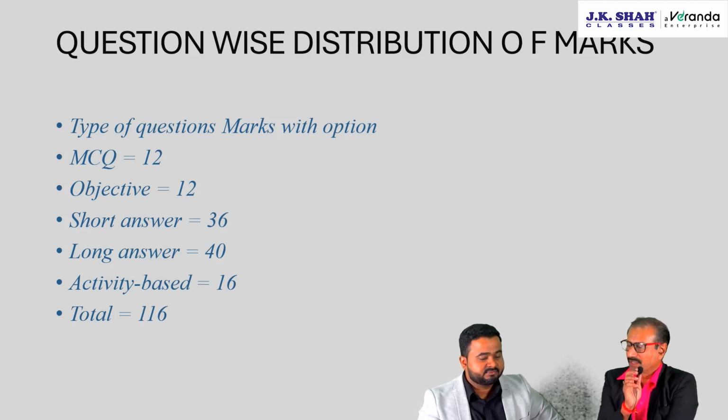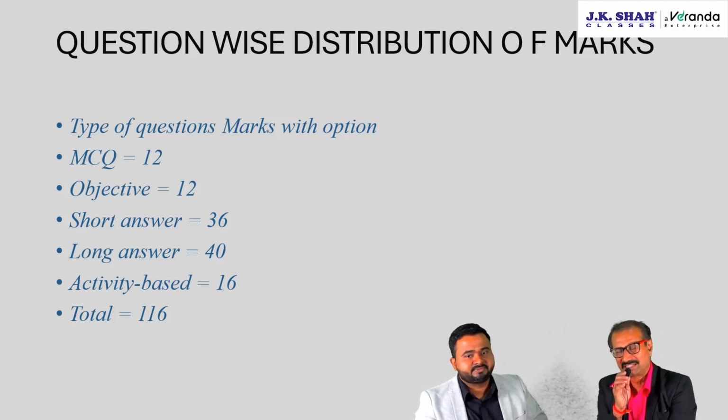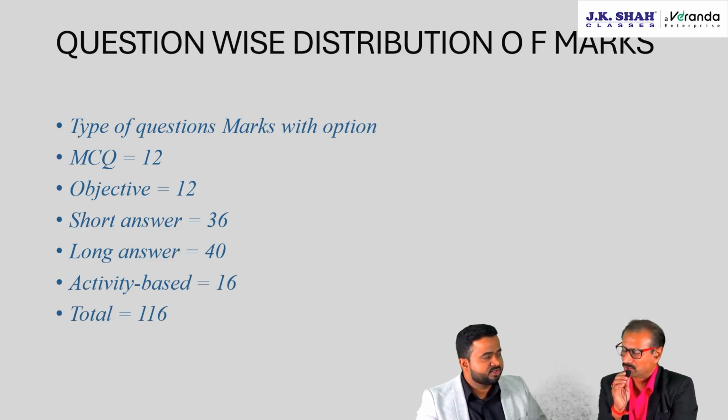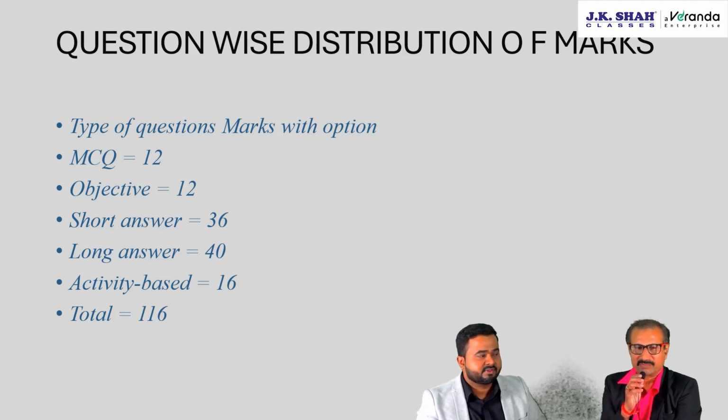Now, the question paper wise distribution: there will be 12 MCQs, based on Mathematics 1 as well as Maths 2. So for Maths 1, 6 MCQs and for Maths 2, 6 MCQs. There will be a total of 12 objective type questions, 3 fill in the blanks and 3 true or false in Maths 1, and similarly 3 fill in the blanks and 3 true or false in Maths 2.